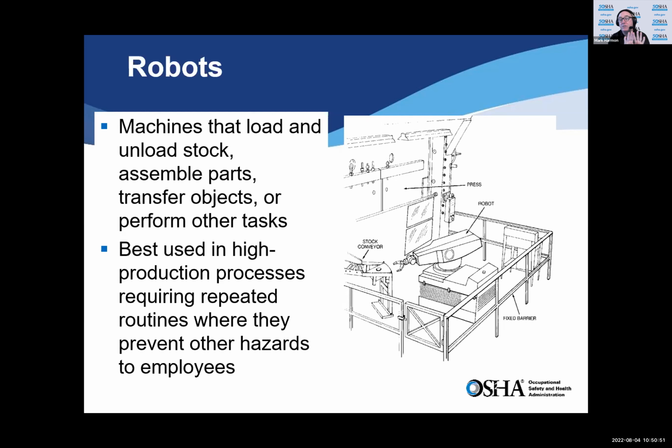As you can see, there's a fixed barrier that goes around it. The gate at the front, I'm sure, has an interlock on it, so if that gate were to open, that robot will stop. It's de-energized in that it will not cycle.